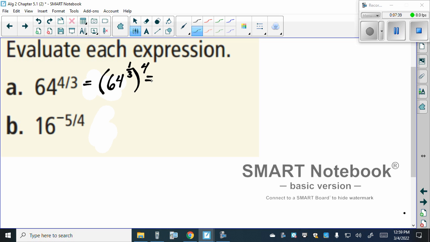Now, as we've seen already today, 1/3 is really the same as the cubed root. Yes? So we're really wanting to determine what number times itself 3 times is 64. Well, we can do the factor tree. What's our smallest prime number that goes into 64?